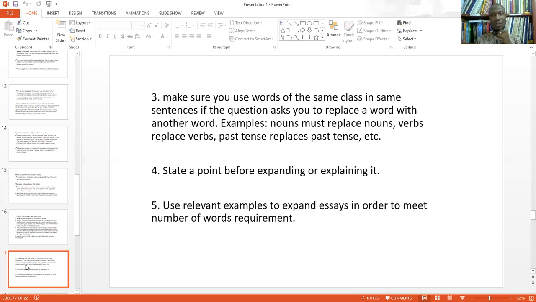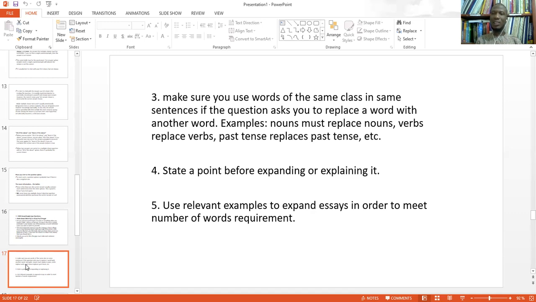So, if you are replacing education, then you must make sure you replace it with another word that is a noun, and not use educate, which is a verb and has a different meaning. Verbs are actions that when they ask you to perform, you should be able to perform. That is a verb.